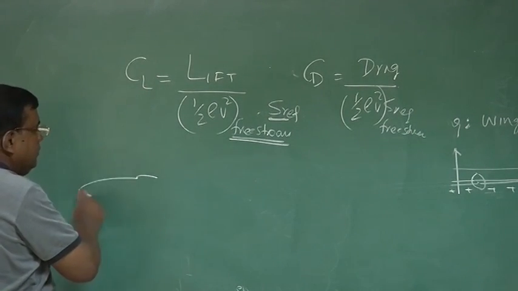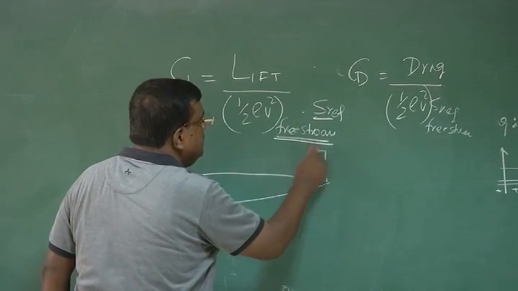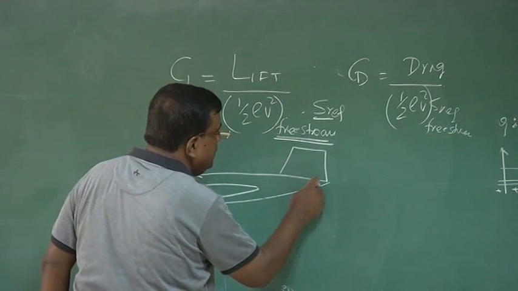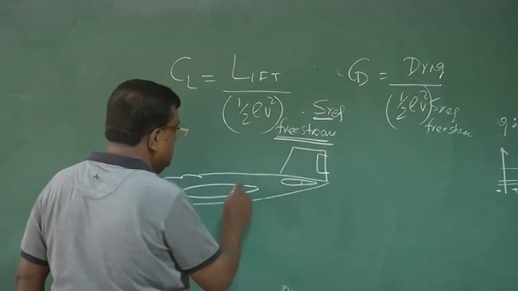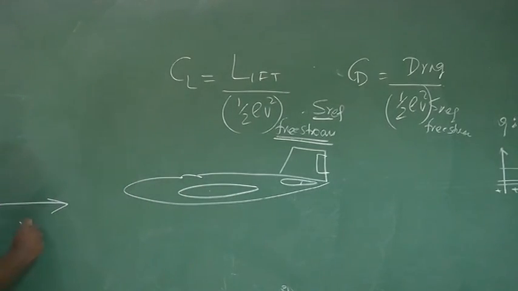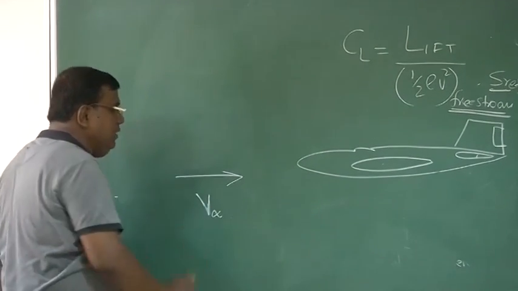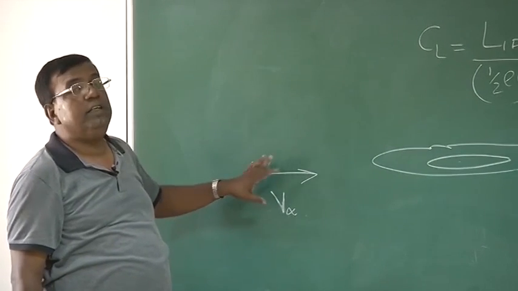Let us draw an aircraft. And let's say this is the relative air speed. In textbooks, you will always see V infinity written to explicitly mention that it is the free stream condition.